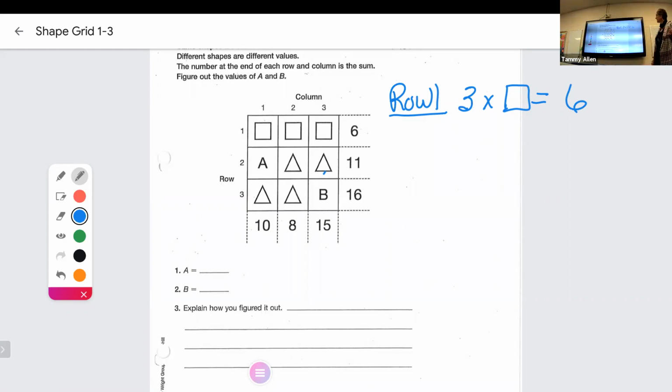Okay. So, with row one having 3 times the same number happening, okay, equals 6. We now know that 3 times what equals 6? 2. And there are methods by which we would solve this equation. If we want to find that value for the box, we would have to do what to find the value of the box?